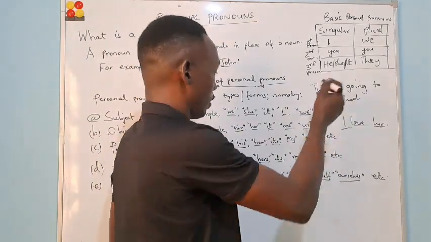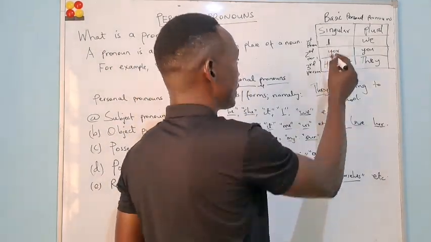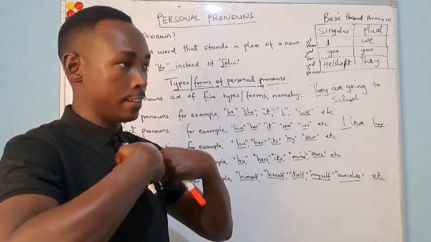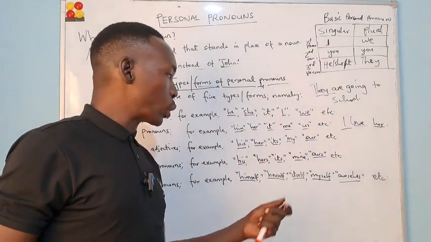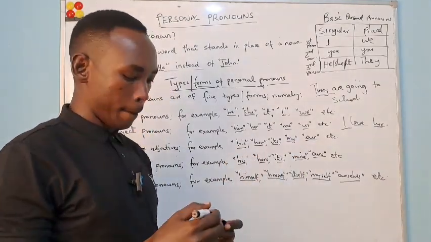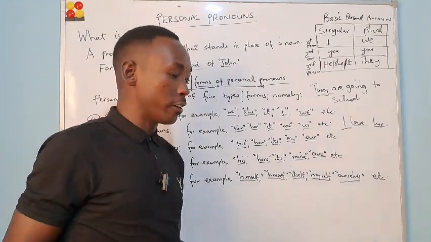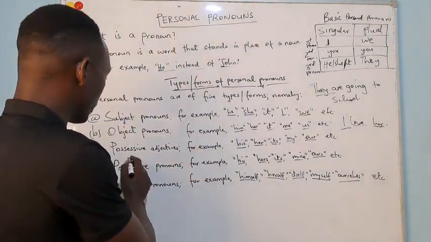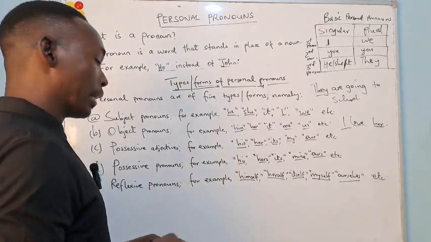So if you see my, this one represents I, it represents me. Okay, so my book, our school, its people. I mean, maybe a country. Its people are very bright. Okay, we have these, called possessive adjectives, but they are pronoun in nature.